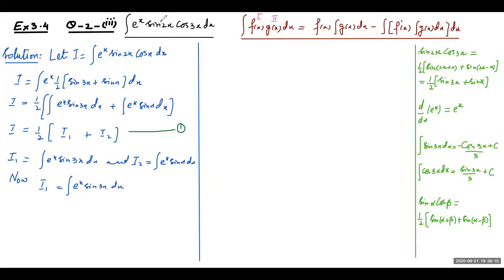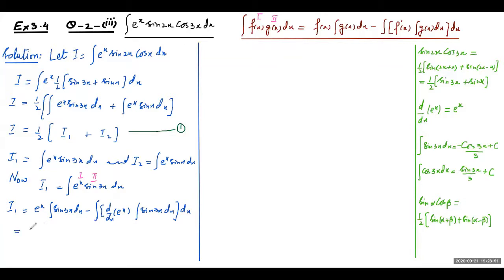We perform integration by parts using e^x as the first function and sin 3x as the second function. So I1 is equal to first function times integral of second function, minus integral of [derivative of first function d/dx of e^x times the same integral, integral sin 3x dx] dx.